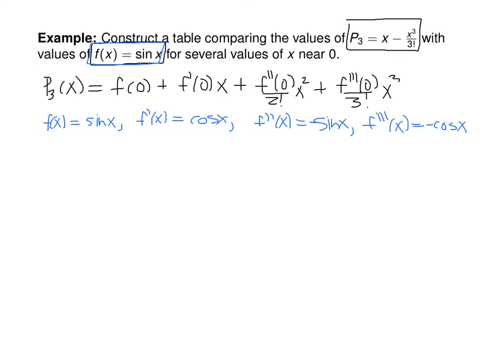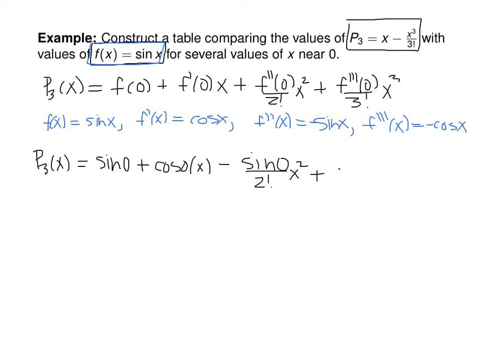And then, using our formula, the third degree Maclaurin polynomial is equal to sine of 0 plus cosine of 0 times x minus sine of 0 over 2 factorial times x squared plus negative cosine of 0 over 3 factorial times x cubed, which, if you remember that sine of 0 is 0, gives us p3 of x is equal to x minus x cubed over 3 factorial.